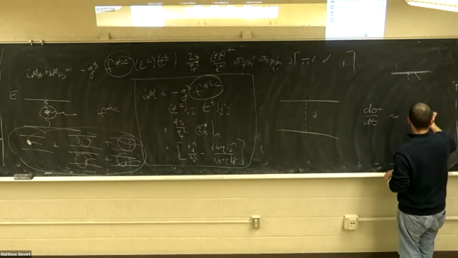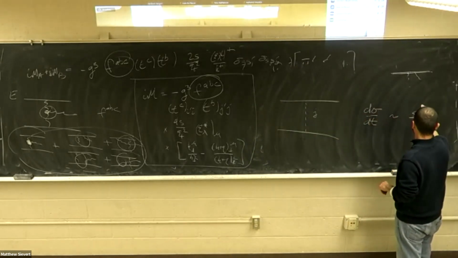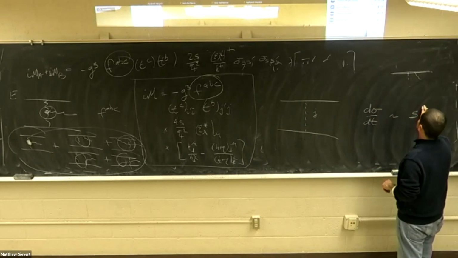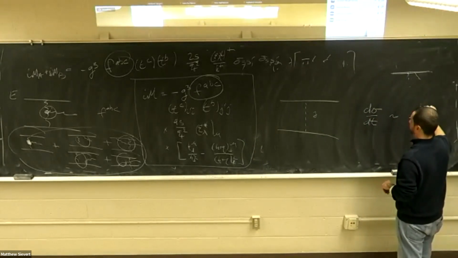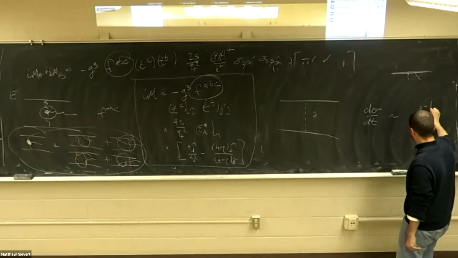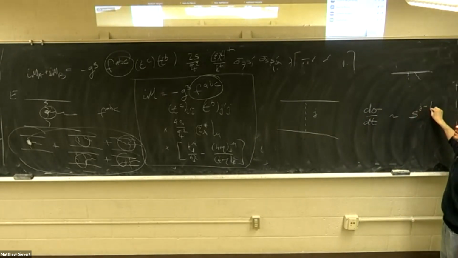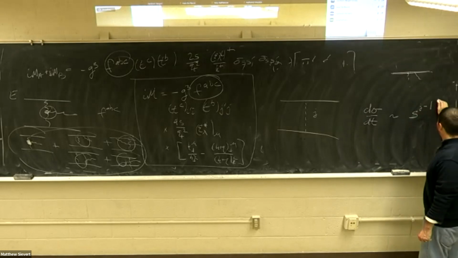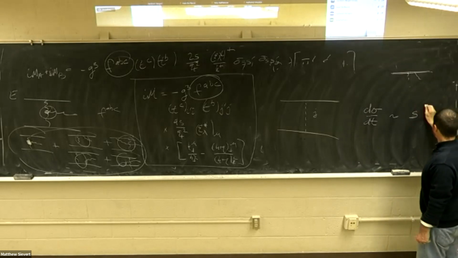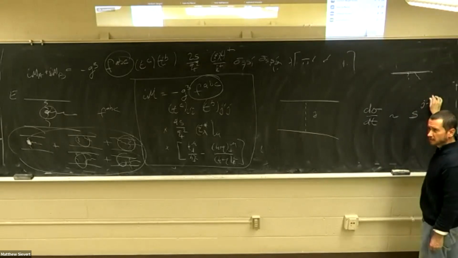I believe it goes like s to the power, what is it? J minus 1, right? It needs to be s to the 0 if J equals 1. No, I think it's J minus 1.